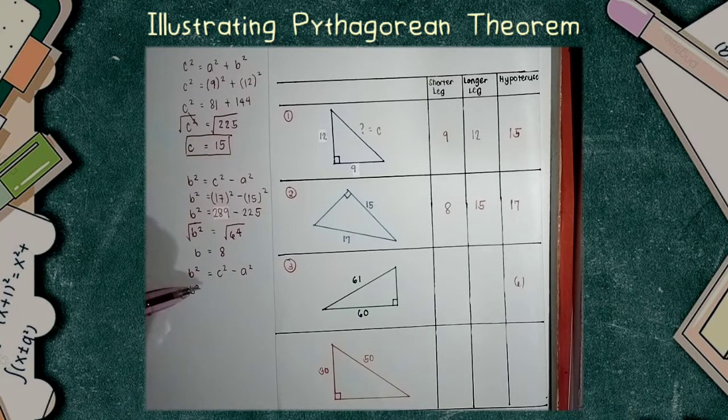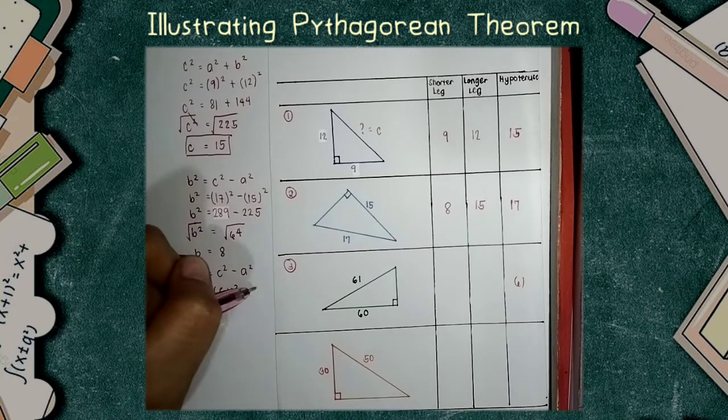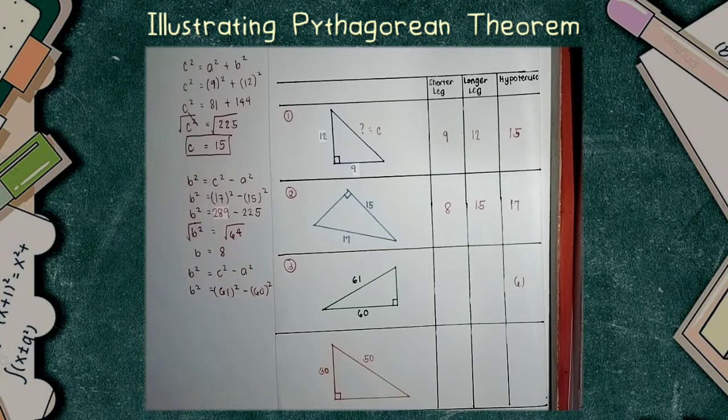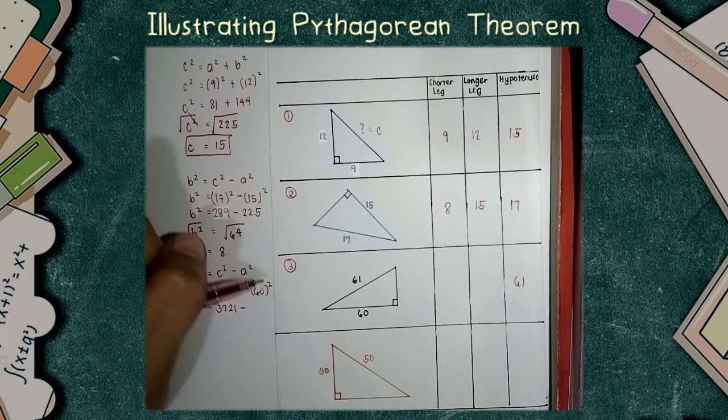So, B squared is equals to 61 squared minus 60 squared. 61 times 61 ay equal to 3,721 minus 60 times 60.